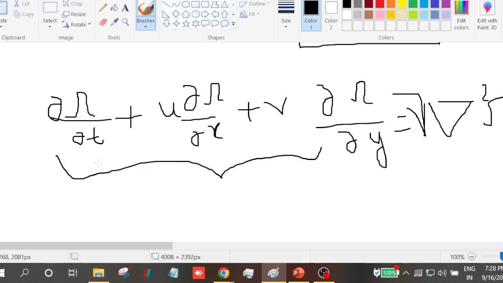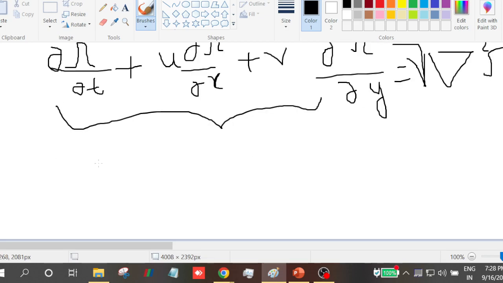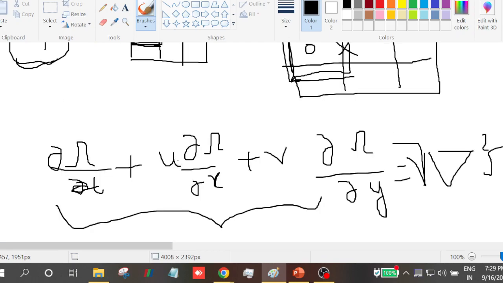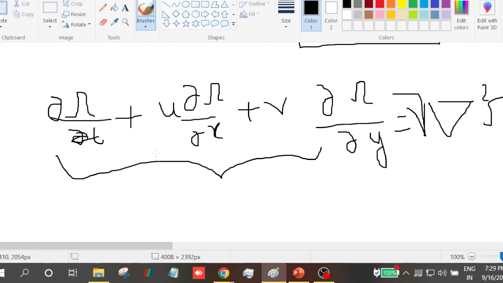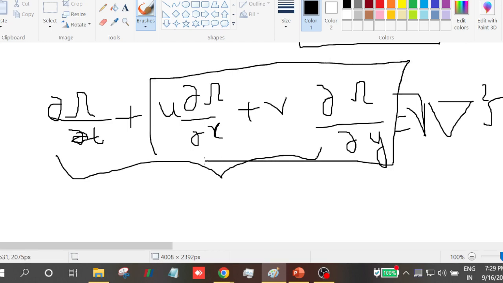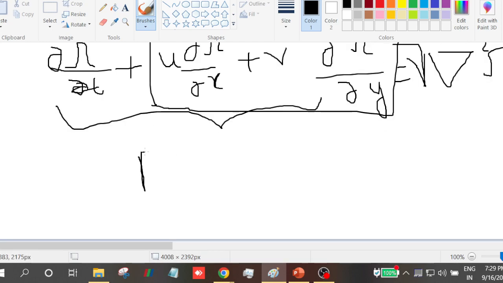Whenever we deal with the Eulerian approach, which we usually do in CFD, we fix our control volume at one particular point only. So we also need to account for the advection of these velocities across the surface. That is why this extra term, the advection term, comes into account, and this whole thing is called the material derivative, that is the total change across time.